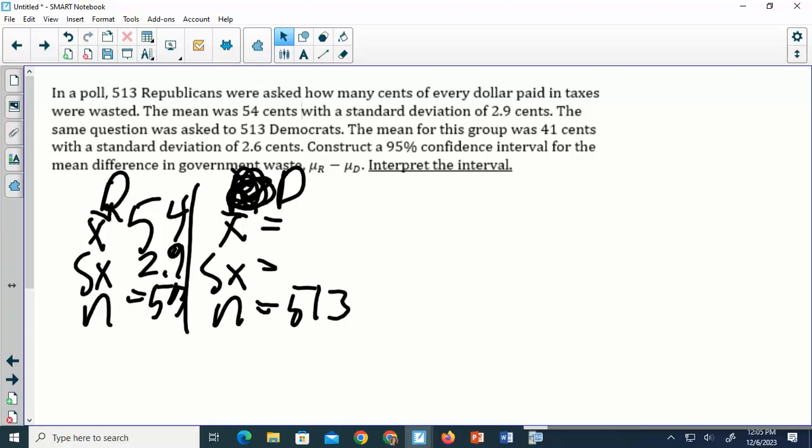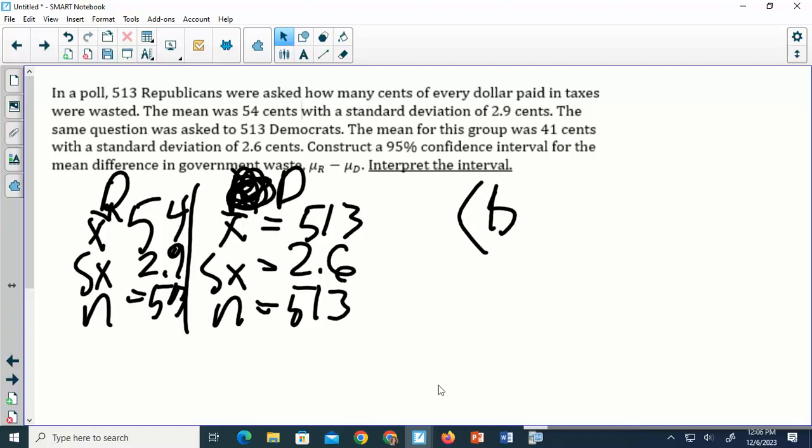The same question was asked of 513 Democrats, and the mean was 41 cents with 2.6 cents standard deviation. And then we go into stats, test, and plug it all in and get.